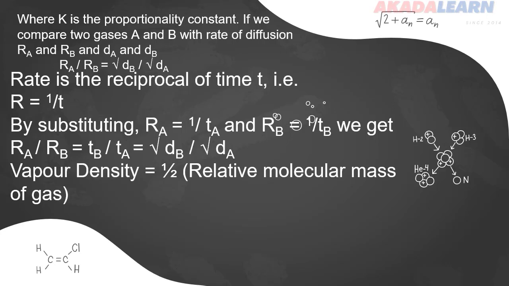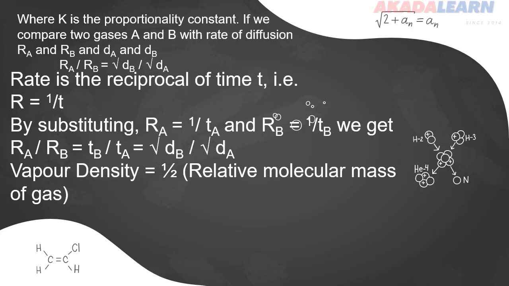By substituting RA is equal to 1 over TA, and RB is equal to 1 over TB, from the equation above that we just finished, you will see that if we make this substitution, we are going to have RA divided by RB is equal to TB divided by TA, which now is also equal to square root of dB divided by square root of dA.